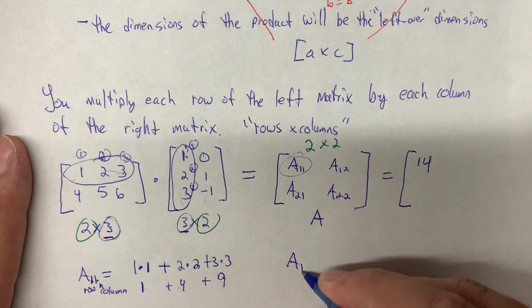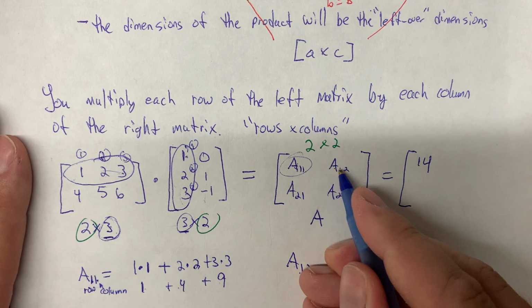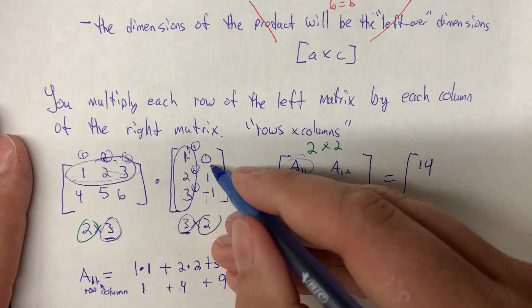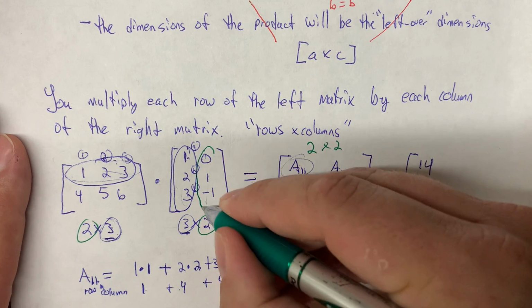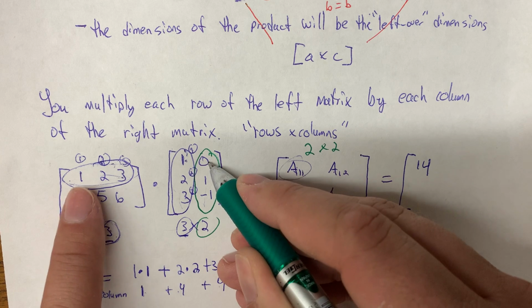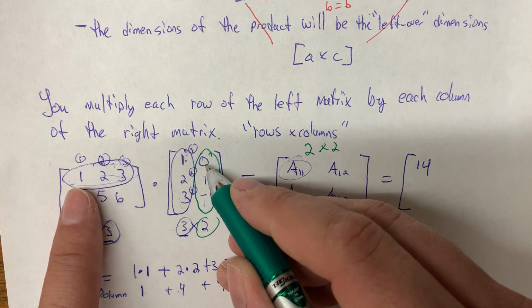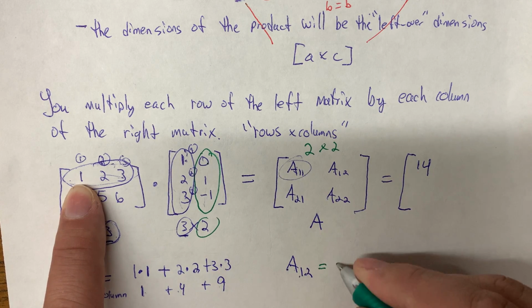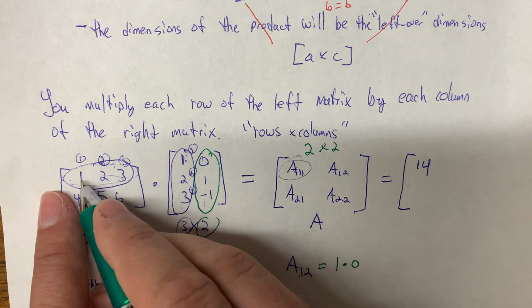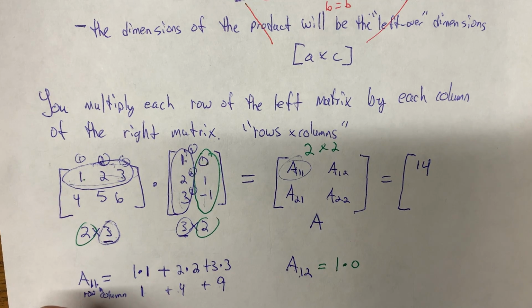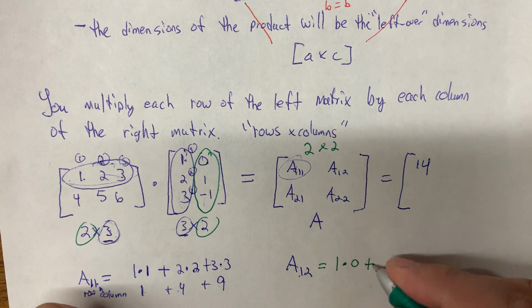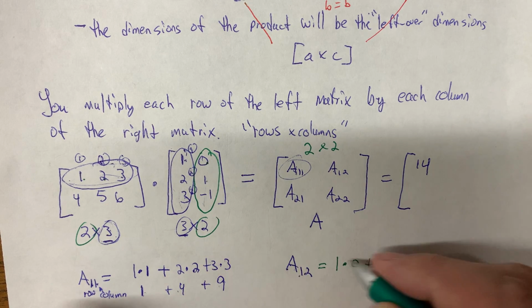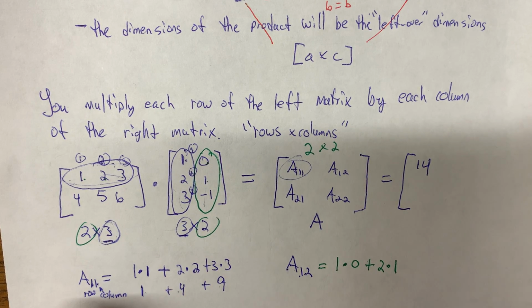To get A12, the first row, second column, we're going to multiply the first row times the second column, okay? And again, we're going to multiply the corresponding elements. The first number in the row times the first number in the column. So it's going to be 1 times 0. Then we're going to add in the second thing in the row times the second thing in the column, 2 times 1.